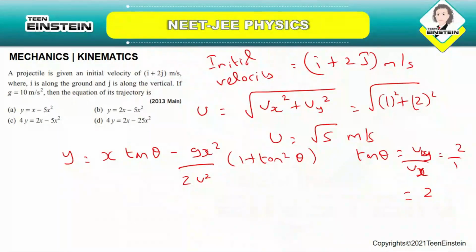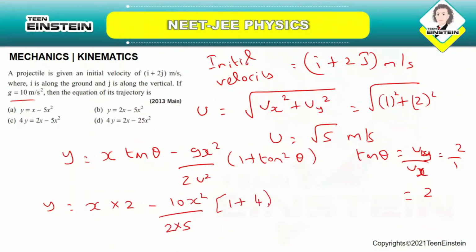So, you are substituting the values over there. y is equal to x into tan theta, which is 2, minus g, which is here 10, x square by 2 into 5, because u is root 5, so u square will be 5, into 1 plus 4, because tan square theta is 4.